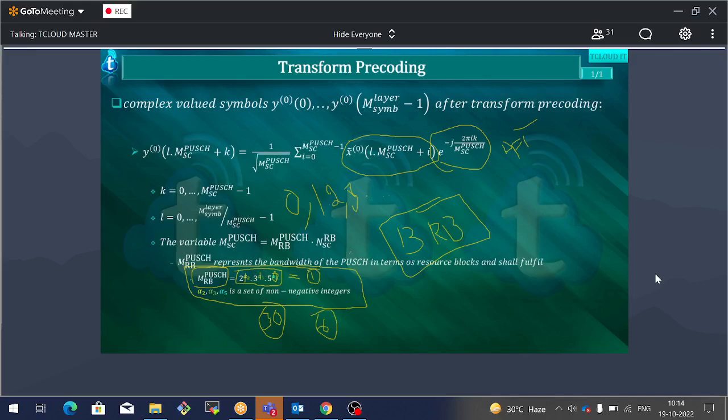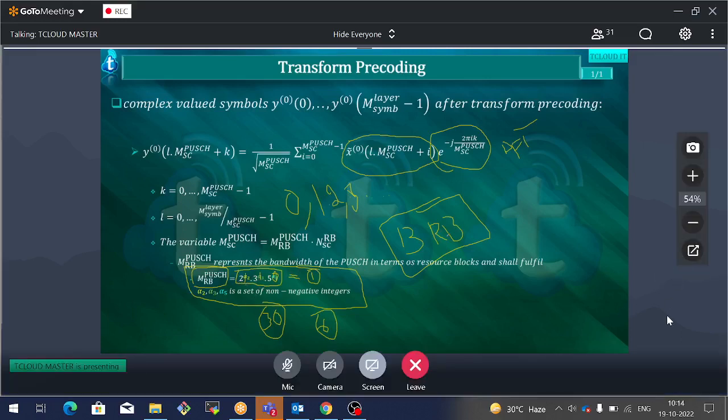That means, in a direct way of telling it, the number of resource blocks that you can allocate must be a multiple of 2, 3, or 5. Then only is it possible to reach that number.